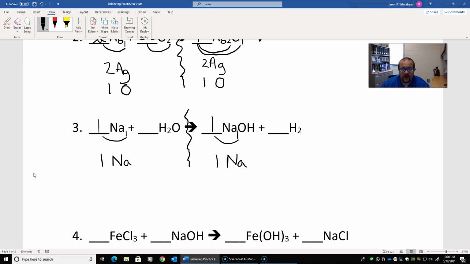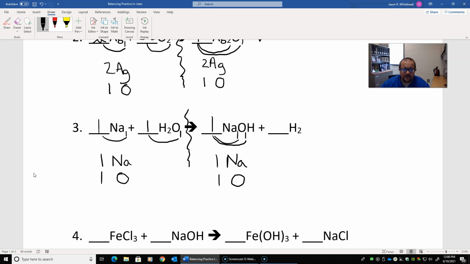By putting that 1 here, 1 times the single oxygen that I have gives me 1 oxygen on the right-hand side. So on the left, I need to put something in this blank that'll give me just 1 oxygen. So if I put a 1, 1 times 1 gives me that 1 oxygen that I need.